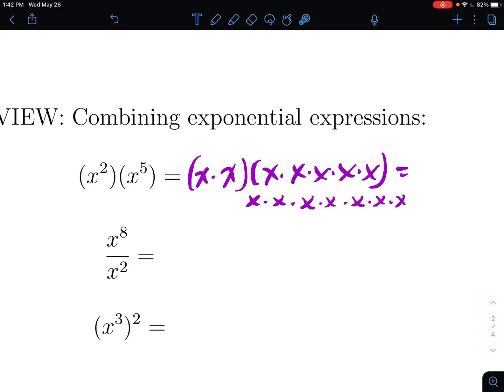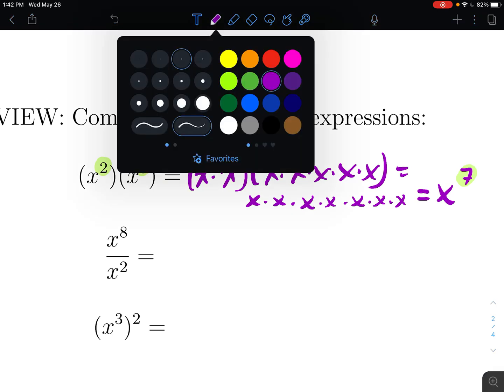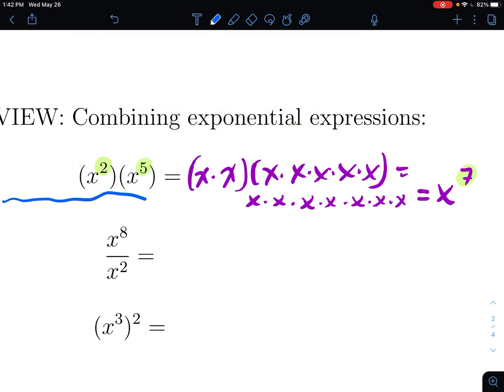We have 1, 2, 3, 4, 5, 6, 7 of these. And what we're noticing is that there's actually a predictable rule. We started with a second power and a fifth power and wound up with a seventh power. This is not something where you would have to write out all those intermediate steps if you understand that pattern.